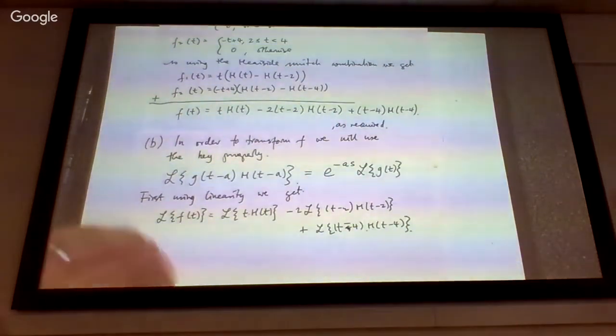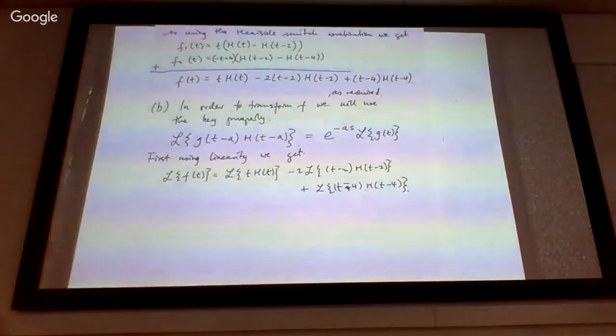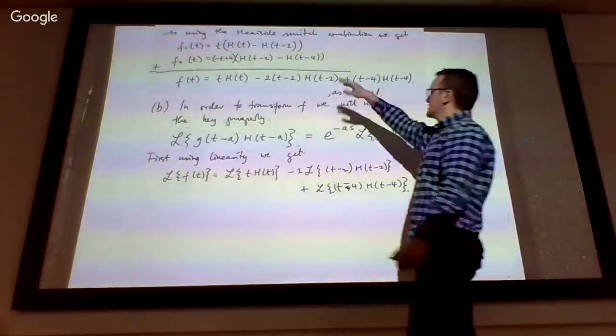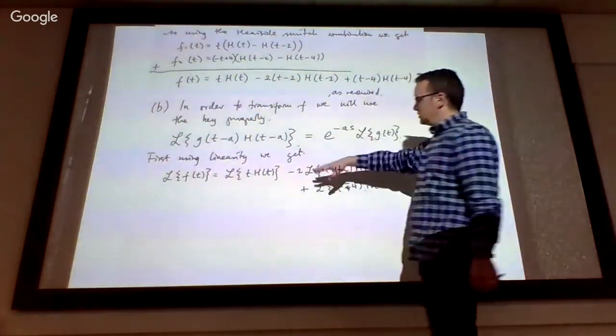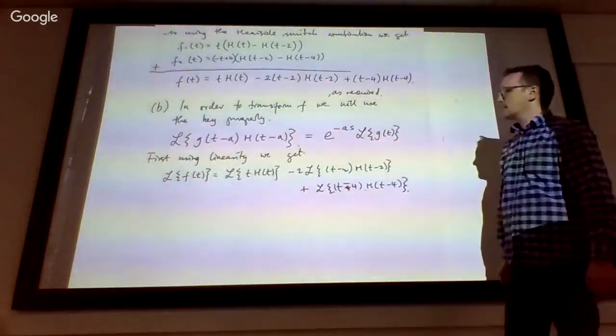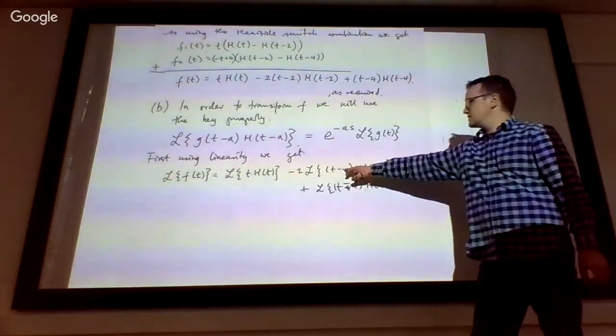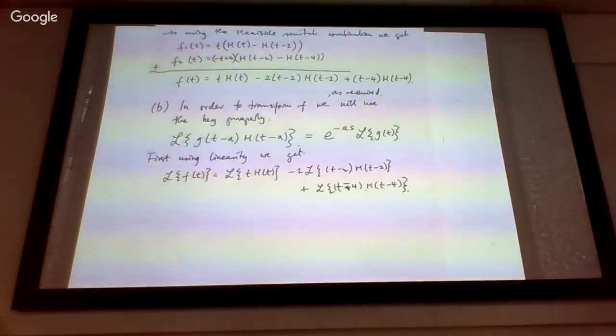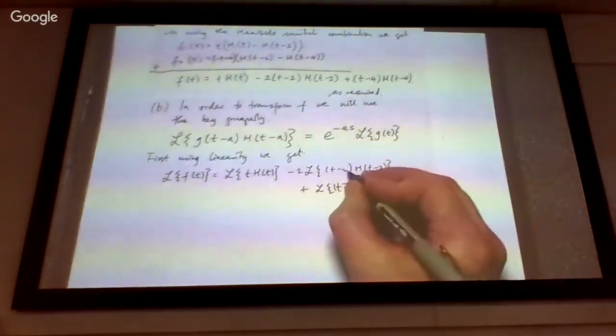So first I'm just indicating the use of linearity to say the Laplace transform of f is the sum of the 3 individual Laplace transforms, and the minus 2 coefficient slides out. Is it t minus 2? T minus 2, yeah, sorry. Just from the same thing from the top.